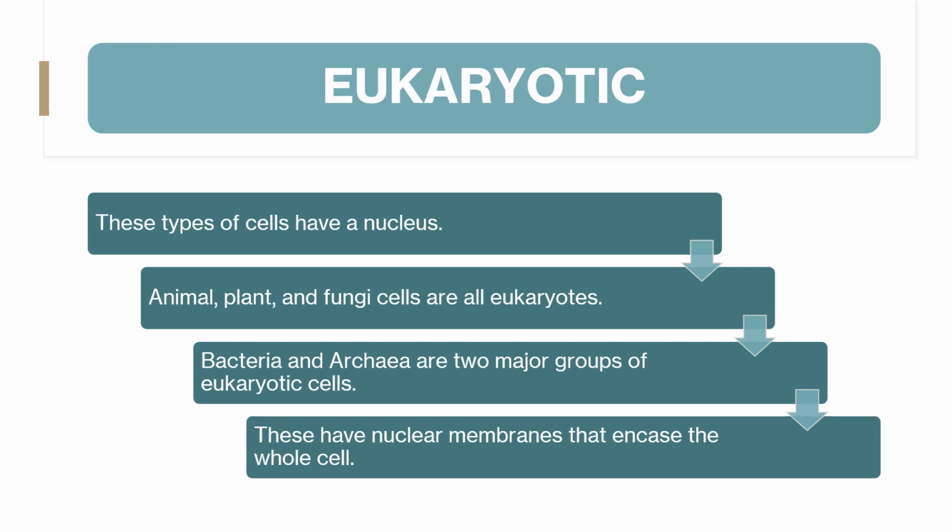These types of cells contain a nucleus, and these are typically your animal, plant, and fungi cells. Bacteria and archaea are two major groups of the eukaryotic cells. These types of cells have a nuclear membrane that sort of covers the whole cell.